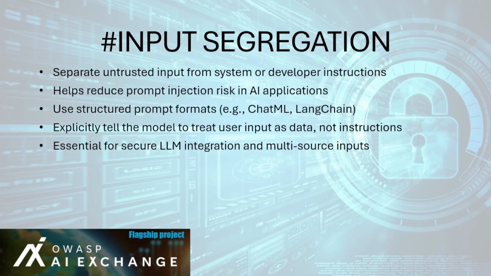Context isolation for keeping separate execution contexts. And 3. Output filtering and oversight. Input segregation teaches that secure prompt design is as important as secure code. By distinguishing trusted and untrusted content, developers create a clear barrier between what the model should do and what it should analyze. This is a foundational control for building trustworthy AI applications.